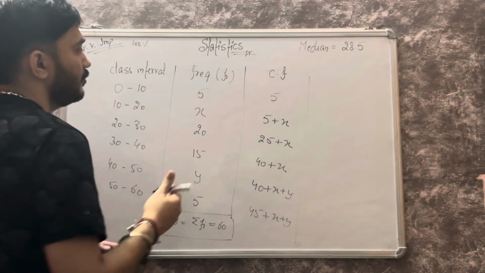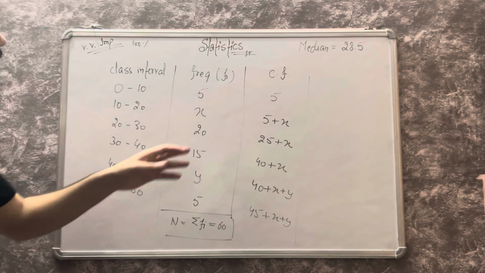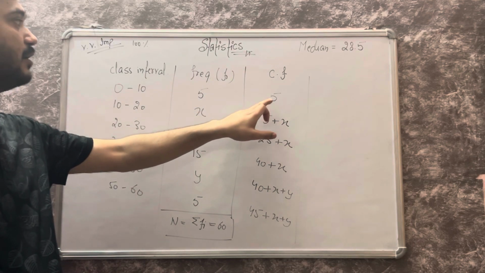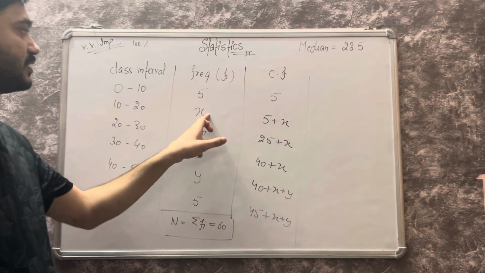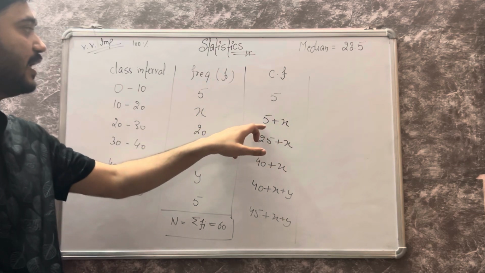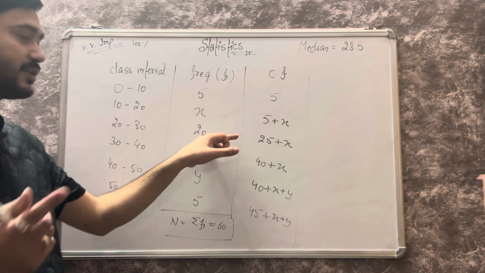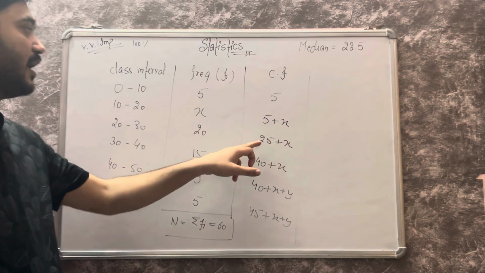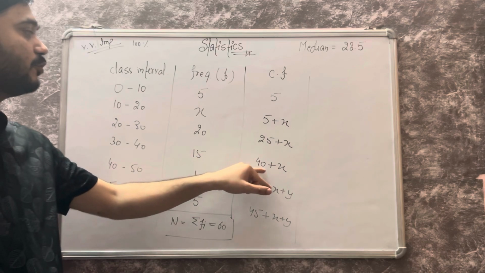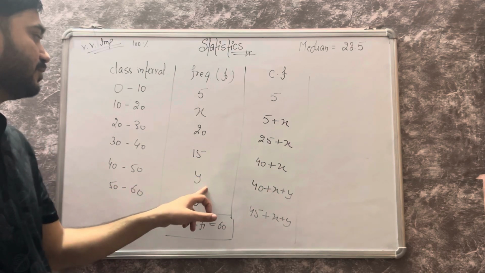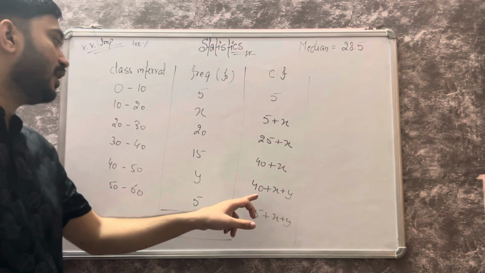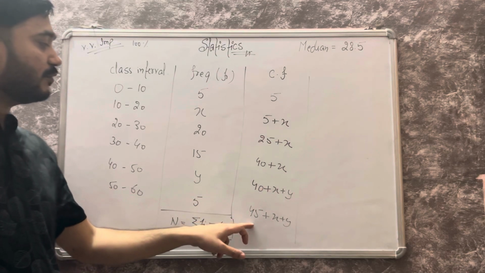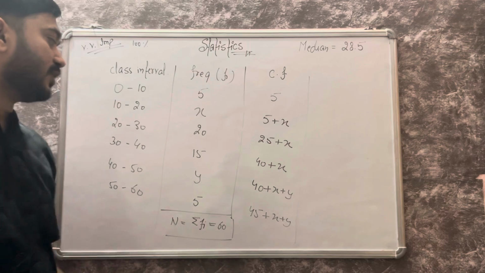What we have done is just add the values: write the first value as it is, then add the next value, 5 plus x, then 5 plus 20 gives 25 plus x, and 25 plus 15 gives 40 plus x, 40 plus x with y gives 40 plus x plus y, and adding 5 gives 45 plus x plus y.